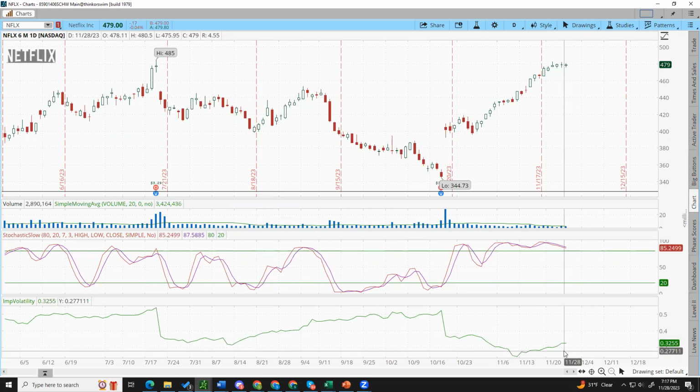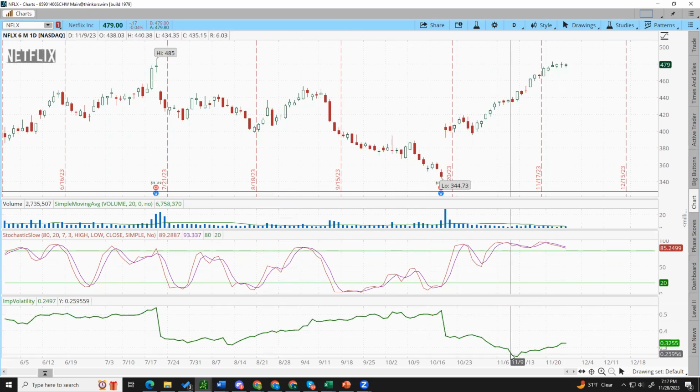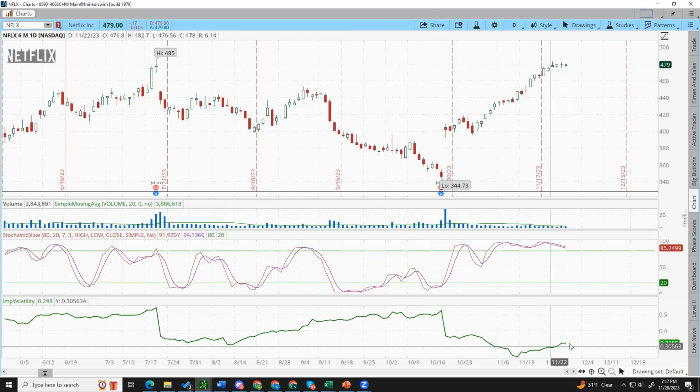So if I'm looking at Netflix, expensive is up here around 50. When it's up around 50, you're paying a ton. Cheap is down here around 25. We're at 32. So we're closer to cheap than not. So this would tell me, yeah, options are not terribly priced. I could be a buyer.